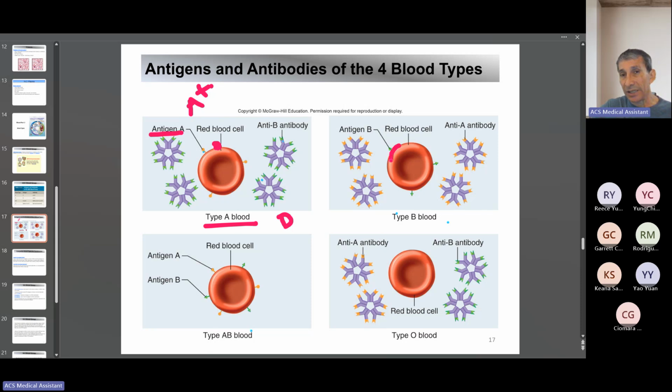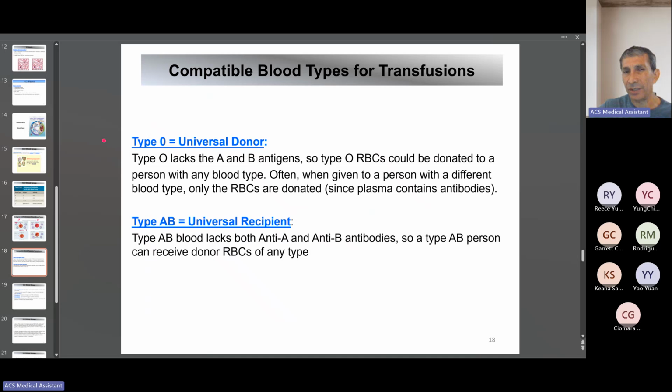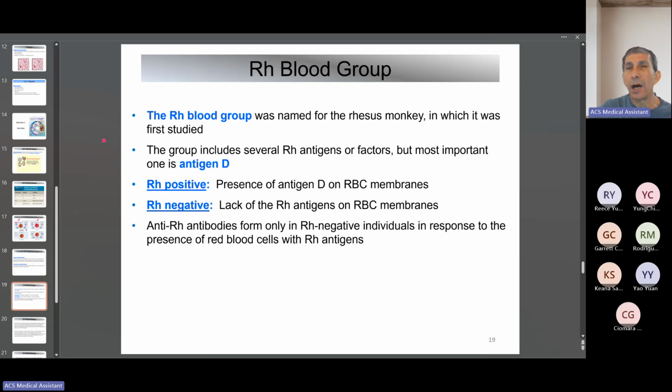This is type B. If I don't have the antigen D, then I'm going to be B negative. But if I have it, it's going to be positive. The same goes for all types of blood. Now you understand this. This is the RH.